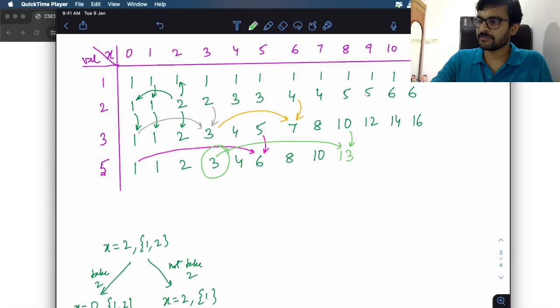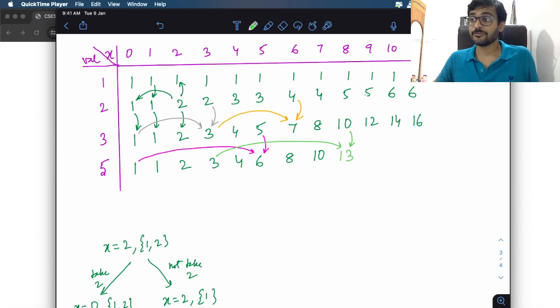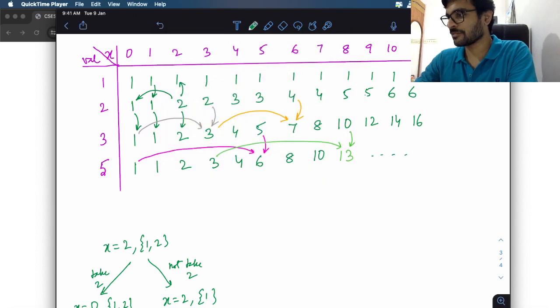And using 5, you can form the sum of 3 in 3 ways. You cannot take 5 definitely, but taking up to here, you have all these choices. You can form it in 3 ways. So that's it. You have 3 choices from the left, 10 choices from the top. You get 13 in total. If you use 5, then there are 3 choices. If you don't use 5, then there are 10 choices. That's what you get from here. Similarly, the process continues. You can fill up this table.